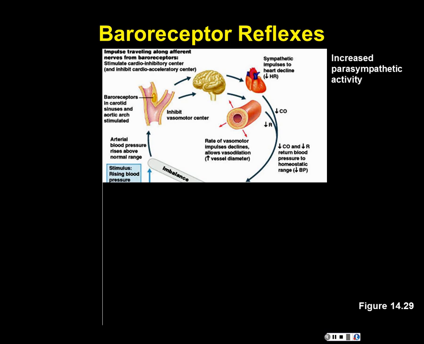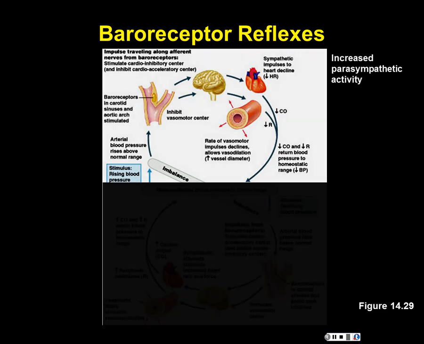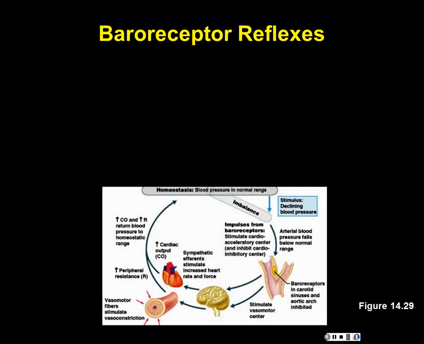Conversely, do you think your blood pressure could actually drop below set point? It definitely can. So in that case, same type of reflex. What detects the drop in blood pressure? What detects the pressure changes?